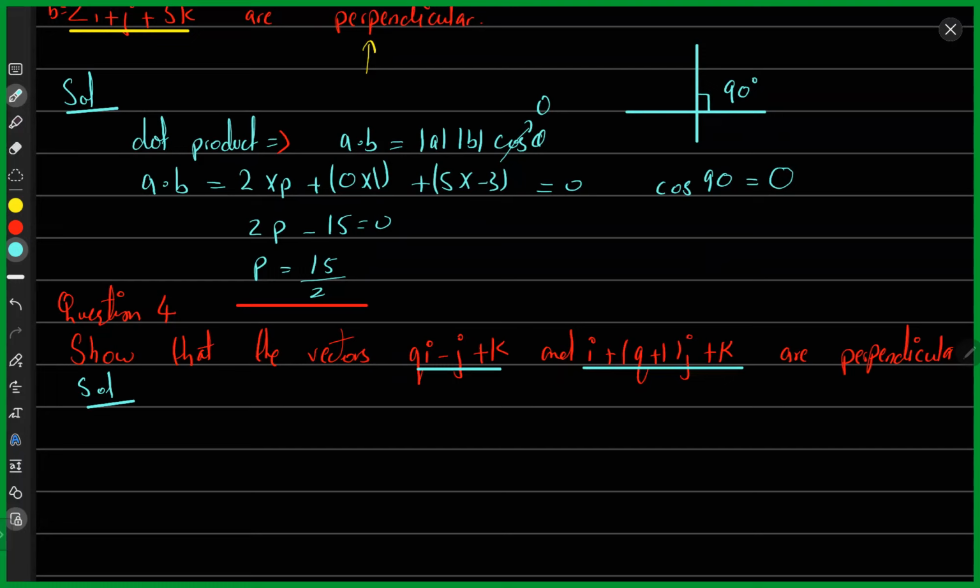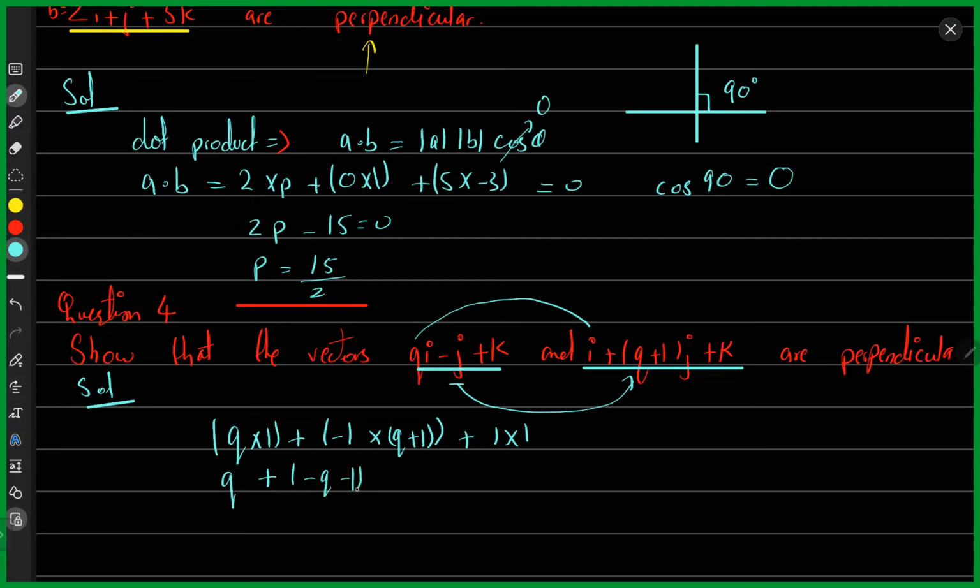I will take the dot product, and q multiplied by 1 would give me q multiplied by 1 plus minus 1 multiplied by q plus 1. Now I am multiplying the second term with the second one, and then plus 1 multiplied by 1, and this is giving me q plus minus q minus 1 plus 1, minus q and q, 1 and minus 1 are cancelled, and this is giving me 0.